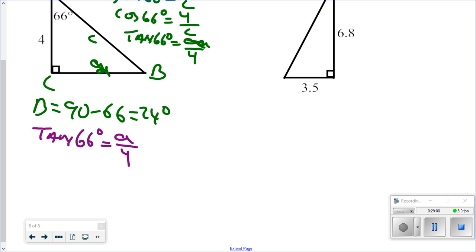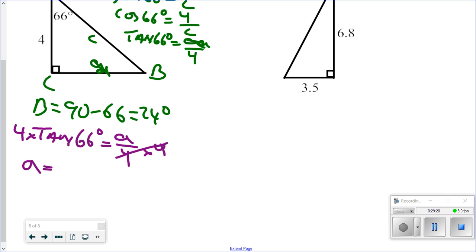And I want to solve for A. First thing I do when I got a fraction, get rid of the fraction, multiply both sides by the denominator. Multiply both sides by 4.